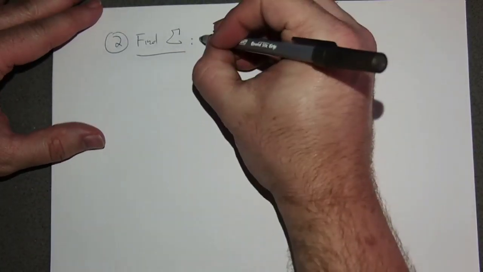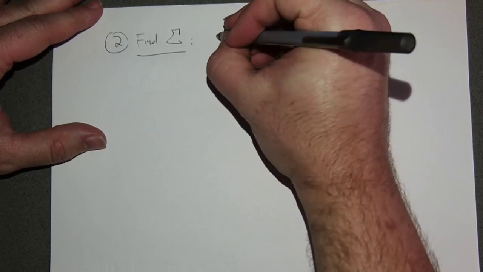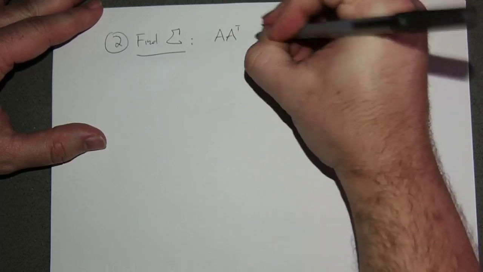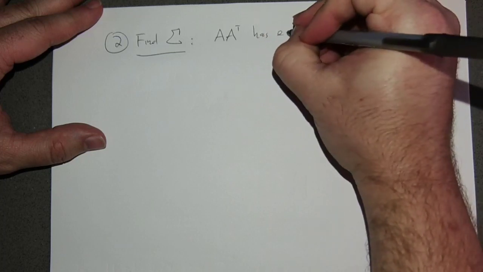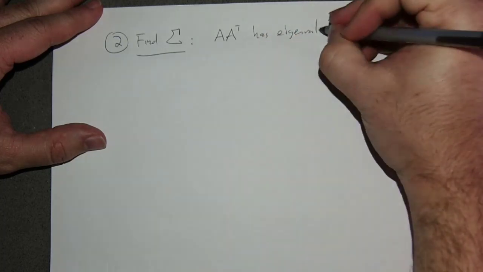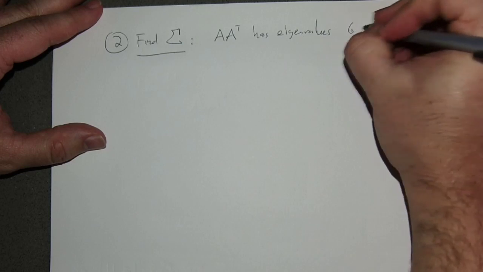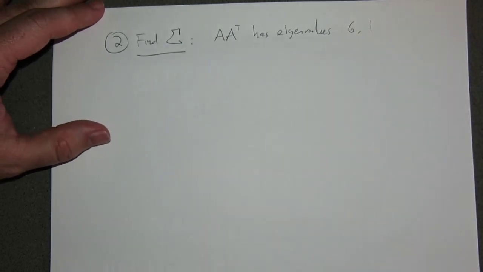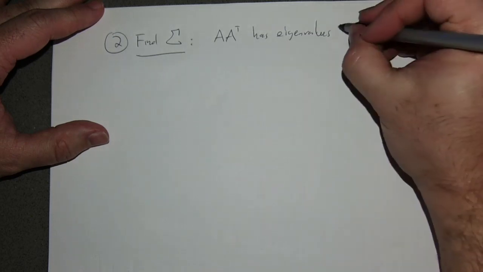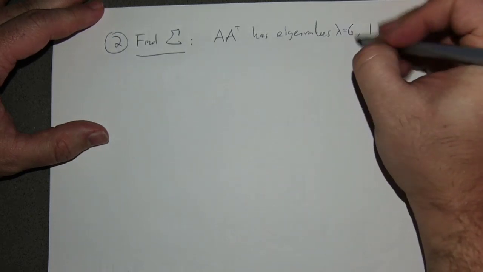Now, I have been told that I have shared non-zero eigenvalues between A transpose and A transpose A. So to find sigma, I look at A transpose, which has eigenvalues lambda equals 6 and 1.